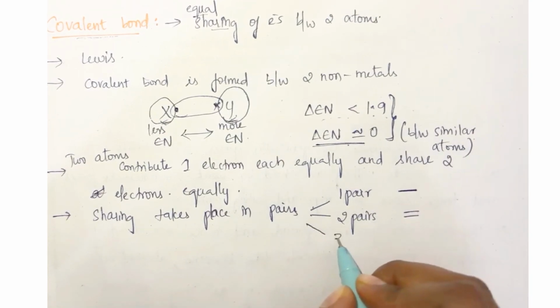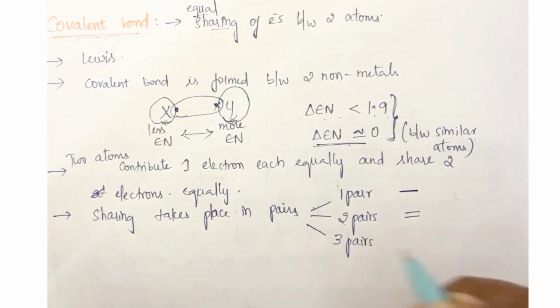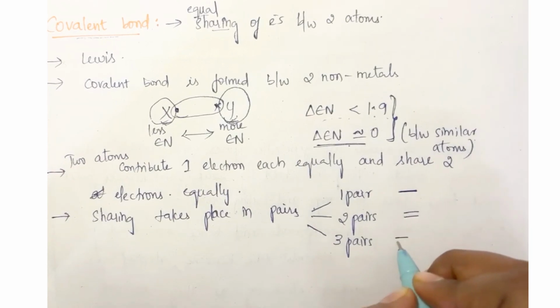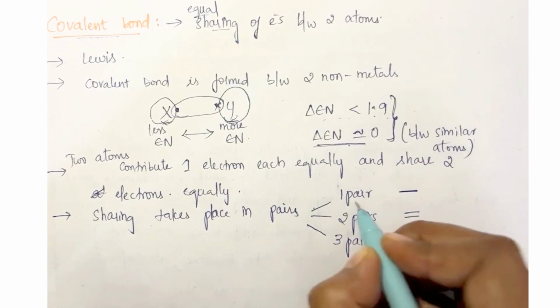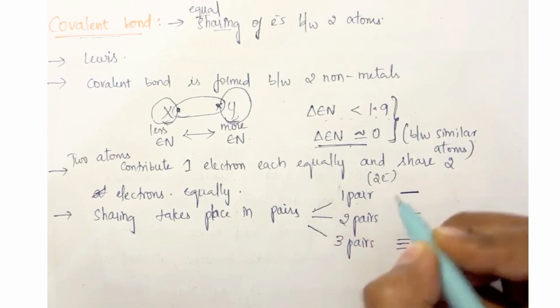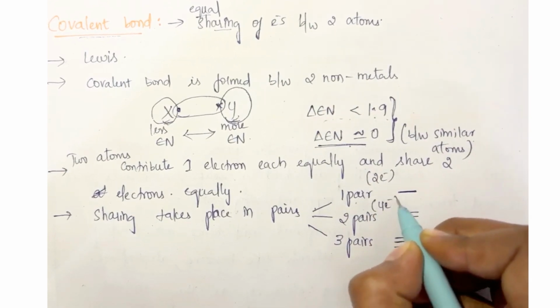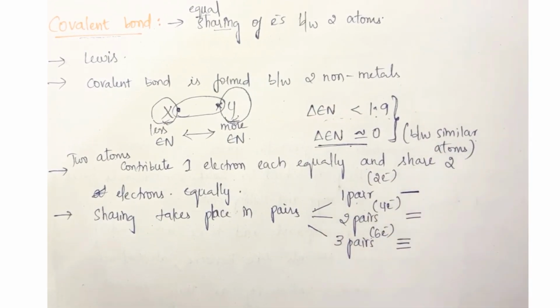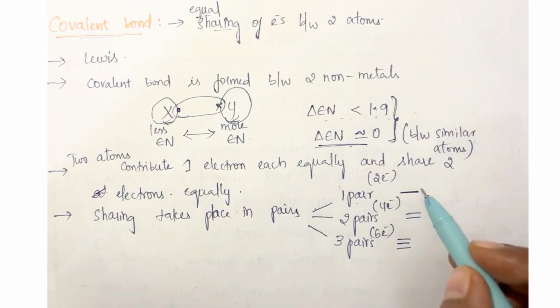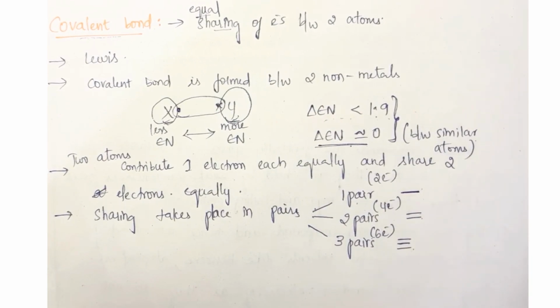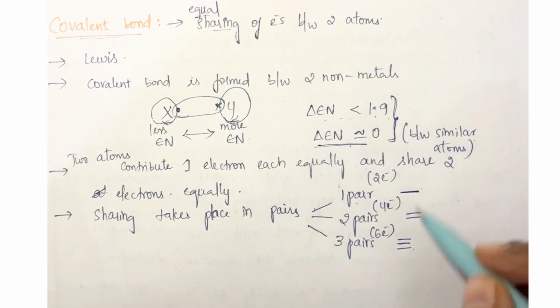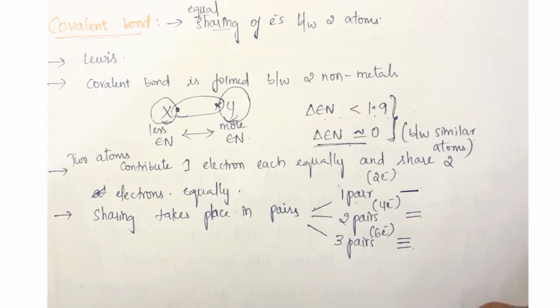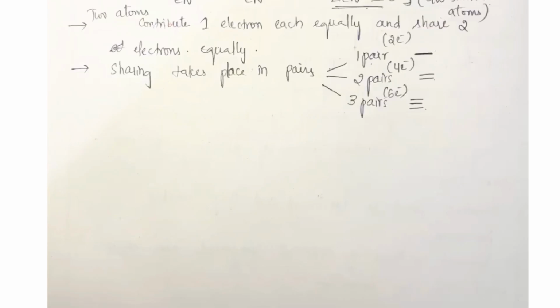And suppose if 3 pairs of electrons are shared, then a triple bond is formed. So 1 pair is 2 electrons, 2 pairs is 4 electrons, 3 pairs is 6 electrons. Accordingly, a single bond, double bond and triple bond are formed. This type of bonding is not possible in the case of ionic compounds.